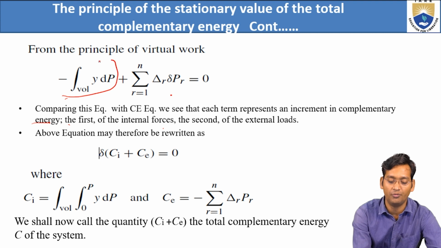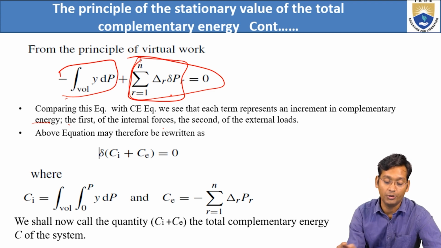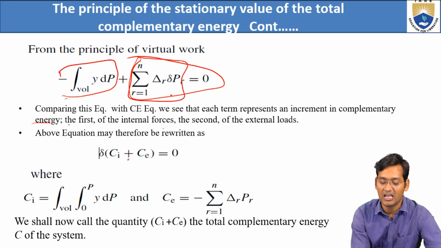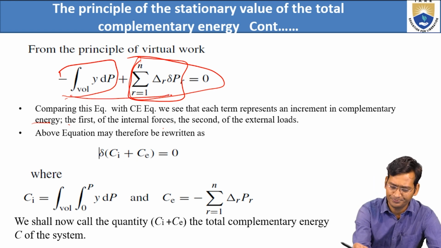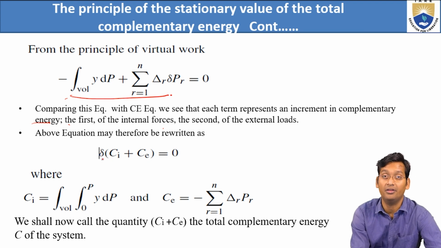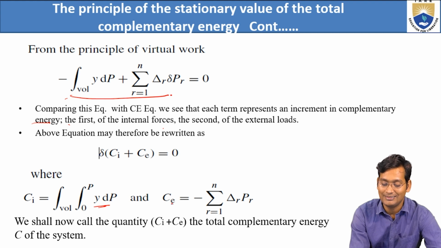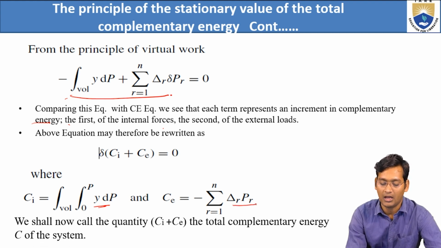The above equation may therefore be written as delta of Ci plus Ce equals 0, where Ci is the integral over volume from 0 to P of y dp, plus Ce is minus the sum over r equals 1 to n of delta r P r.